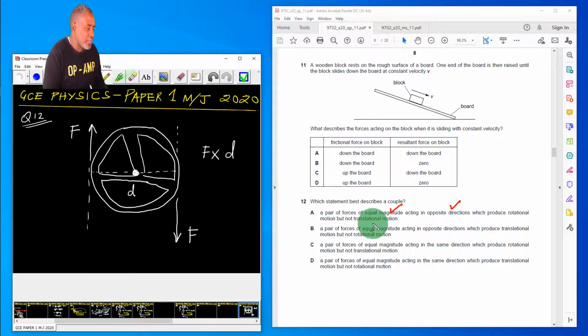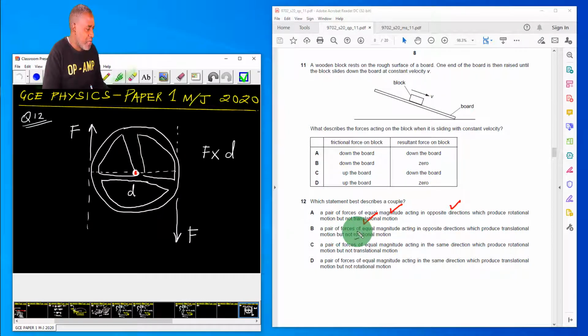This is true. It produces rotational motion. It makes the object rotate about a given point. Like, for example, this steering wheel rotates about this particular point here. So that is true.